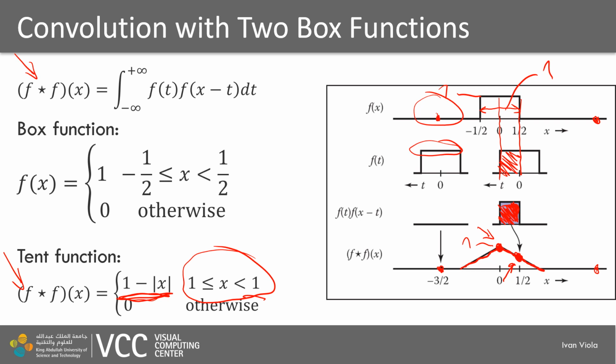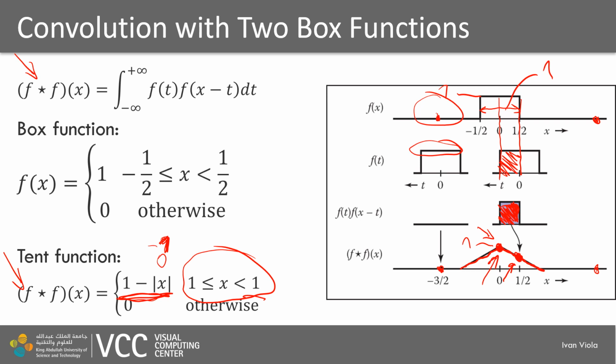However, it will vary between 1 and 0, and when x is equal to -1, it will in absolute value turn into 1, and 1 minus 1 will be 0. And if x is equal to 0, 1 minus 0 is 1. So here in this location, we will have the value 1.